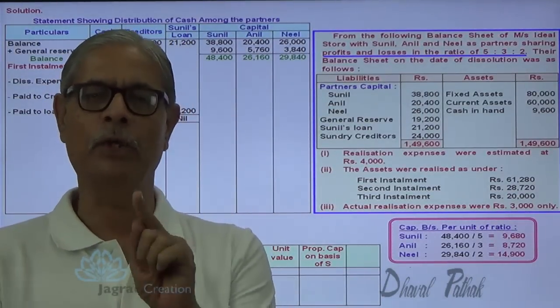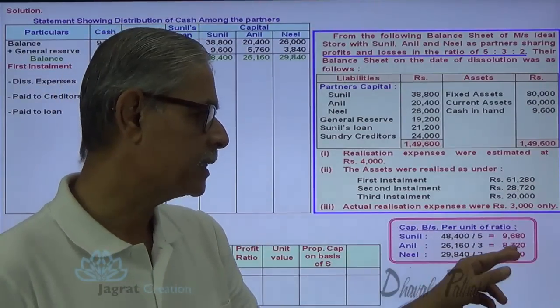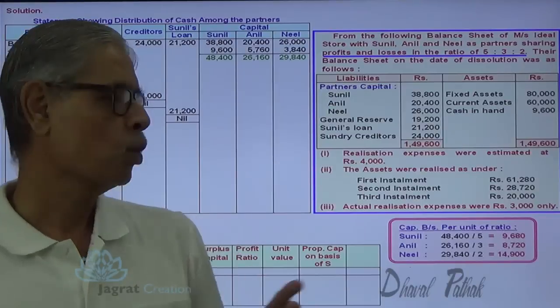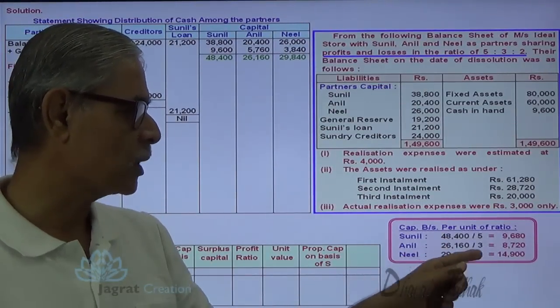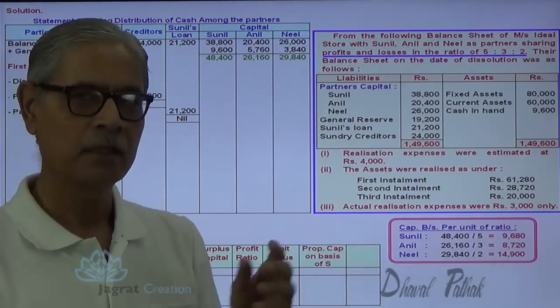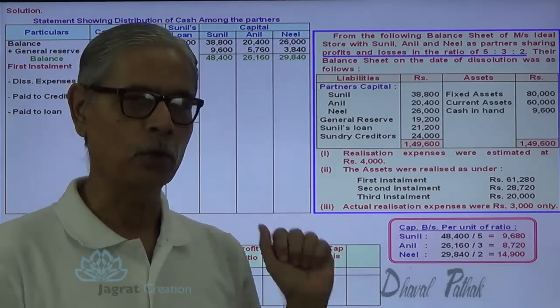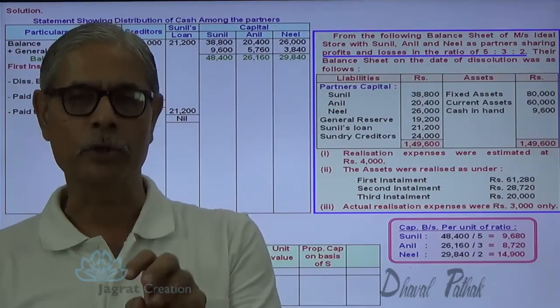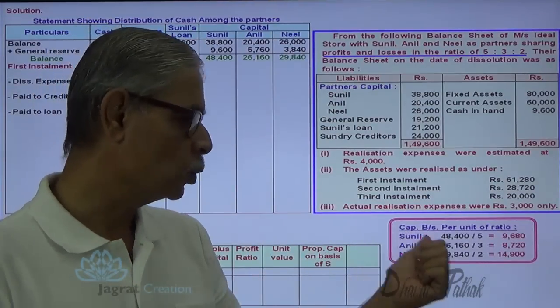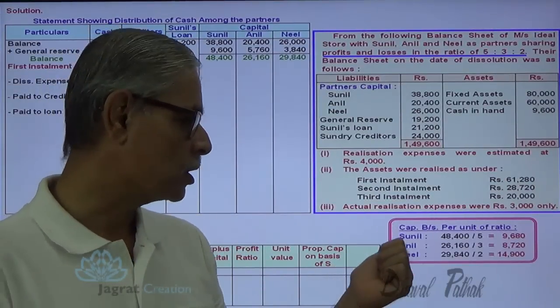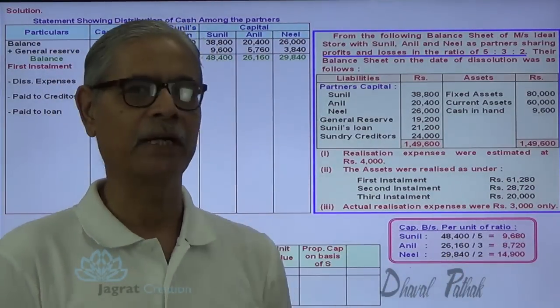So for 1 unit of profit, 8,720 is the minimum capital contribution required. So for 5 units of profit, Sunil should contribute 8,720 into 5. That is the contribution of Sunil proportionate to the capital of Anil.